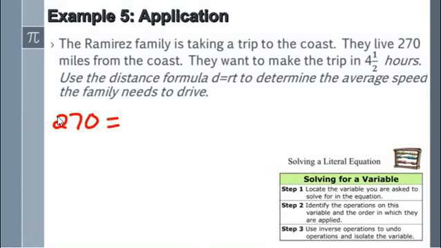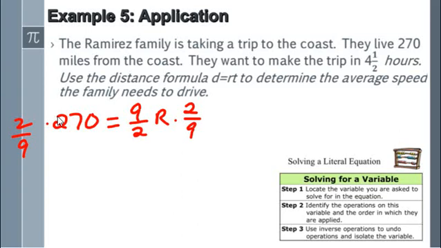So we would put that as an improper fraction, which would be 9/2. And then we need to find the rate. The opposite of multiplying by 9/2 is dividing by 9/2, or multiplying by the reciprocal, 2/9. So multiply both sides by 2/9.